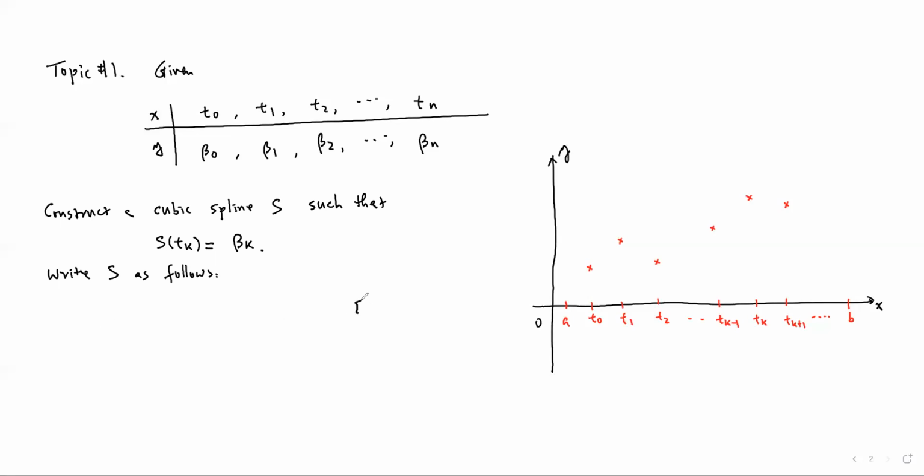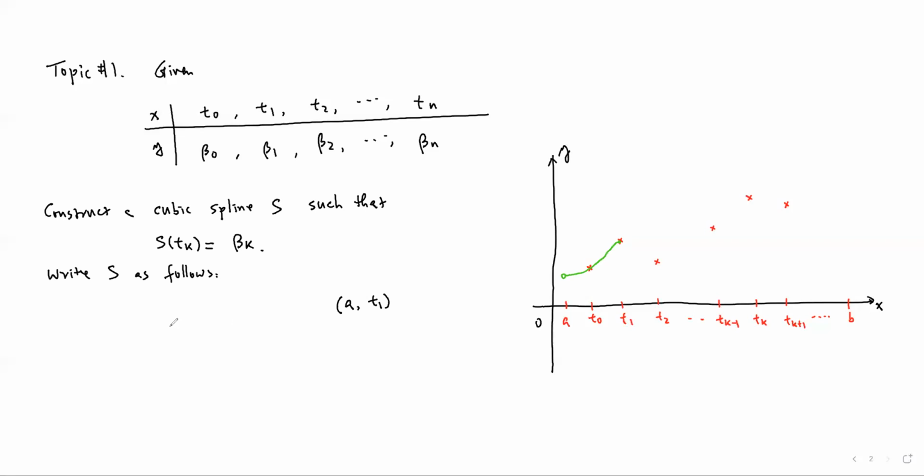The first interval is from a to t1. It is a polynomial of degree 3. This polynomial passes this point and also this point.